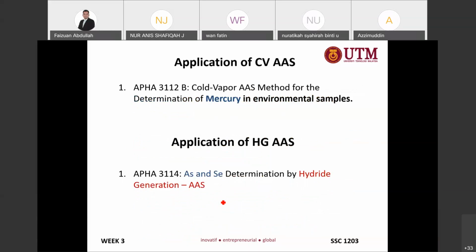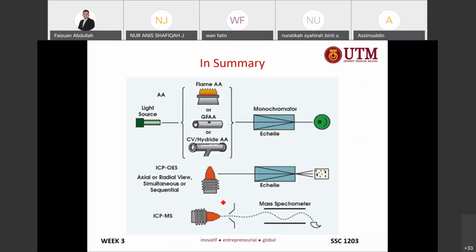So application of cold vapor, we can detect mercury in environmental sample. For hydride generation, we can detect arsenic and selenium. So in summary, this is the AAS concept.